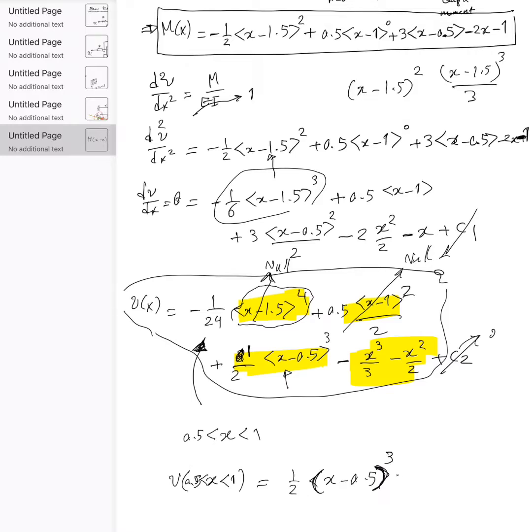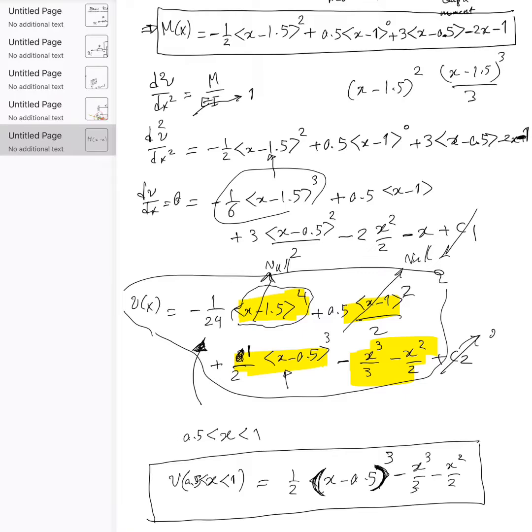And this term, I always have it, x^2 over 2. So this is my equation, and these are parentheses. This is not a Heaviside function. This is the equation when your x is between 0.5 and 1.